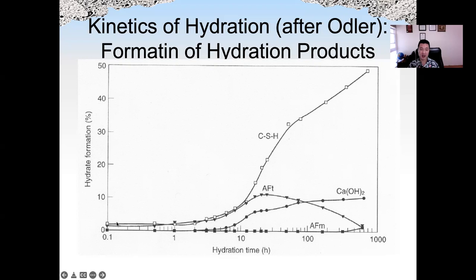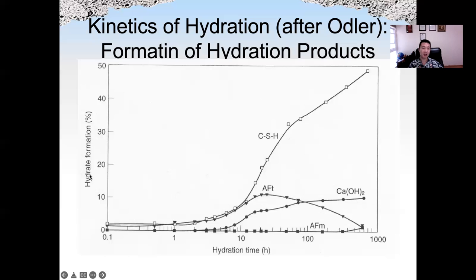For CSH, it slowly goes up beyond hundreds of hours. For calcium hydroxide, it will flatten out after hundreds of hours also. So for AFM, it is very minor.